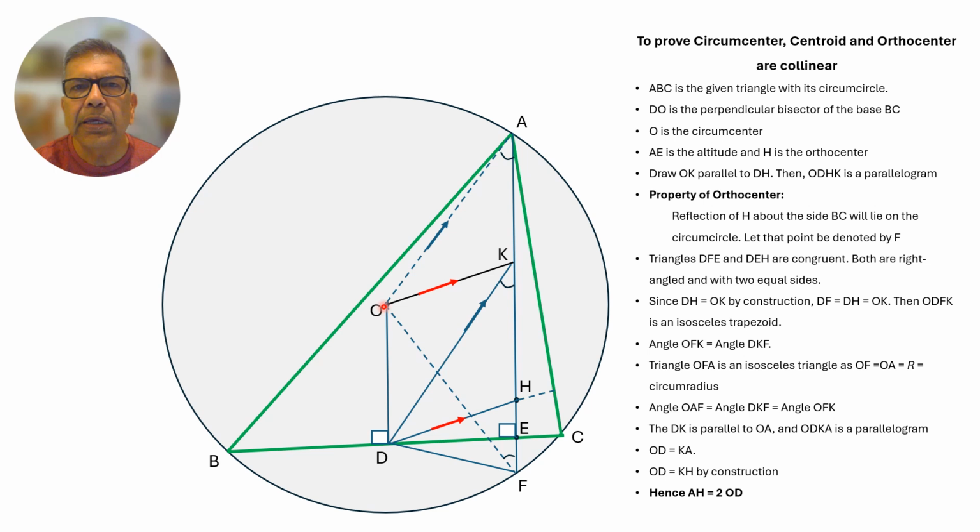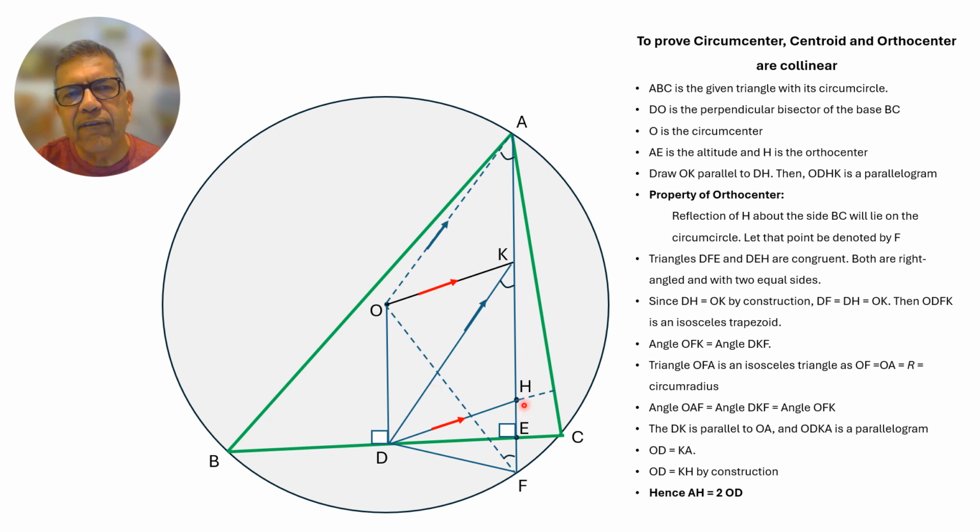Now you can see the quadrilateral ODHK is a parallelogram because OD is parallel to KH because both are perpendicular to the base BC, and DH is parallel to OK by construction. Since it's a parallelogram, the length OD is equal to length KH. The opposite sides are of equal length.